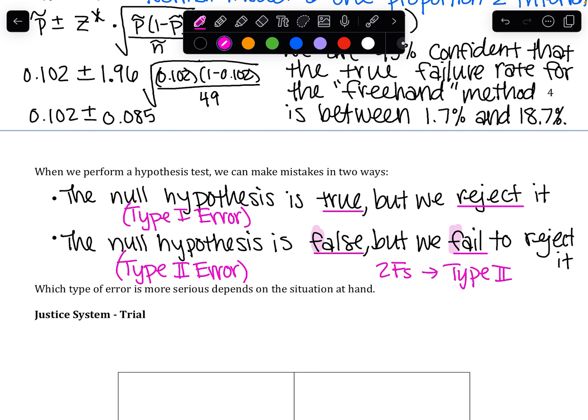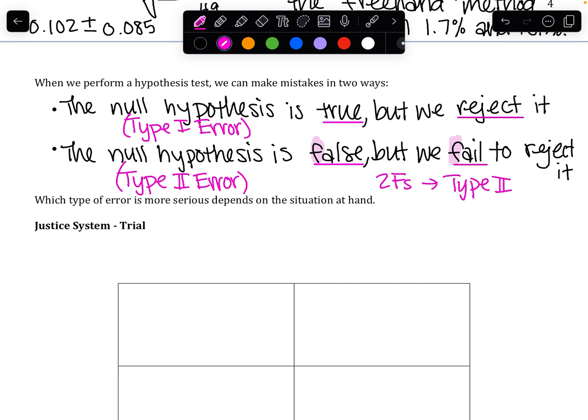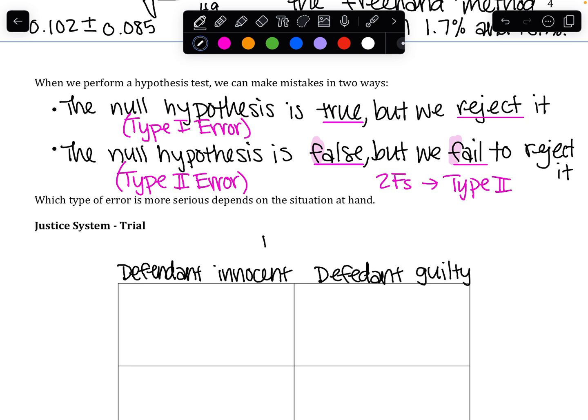Now, let's relate this back to the justice system. If there's someone up for trial, they're called the defendant. They can either be innocent or guilty. Does the jury know this? No. If they knew it, there would be no point in meeting, right? So this is our truth. Either they're innocent or they're guilty.